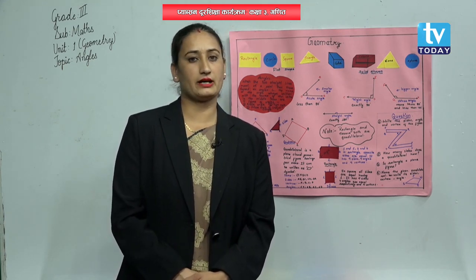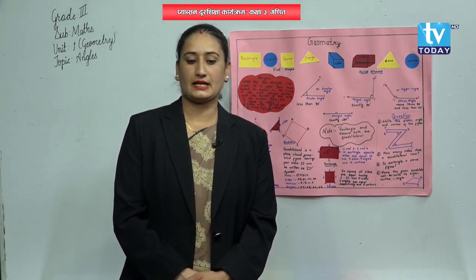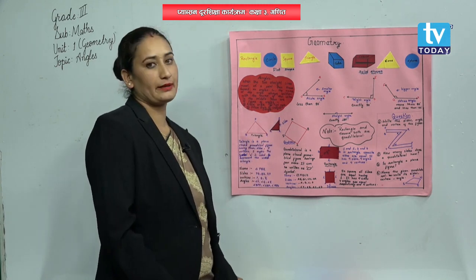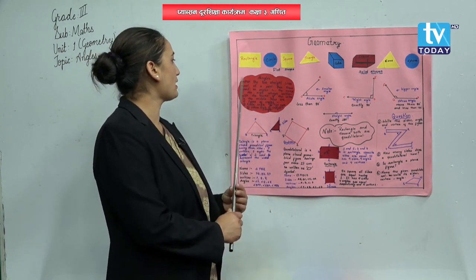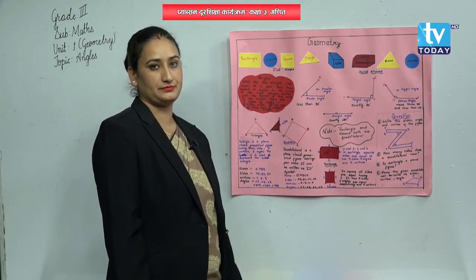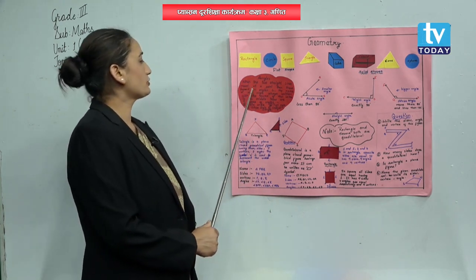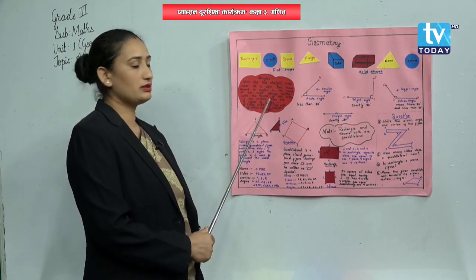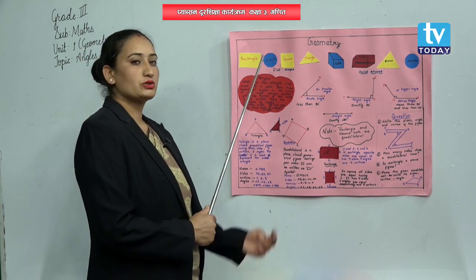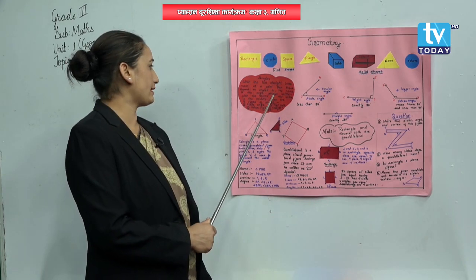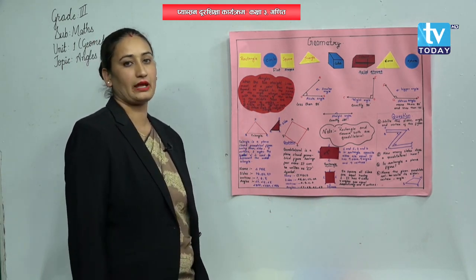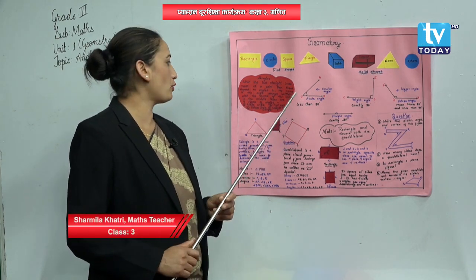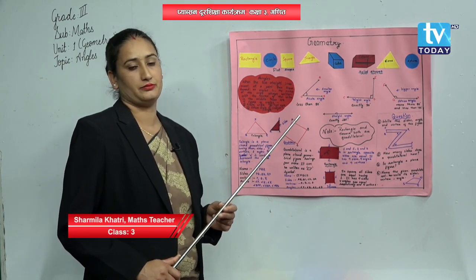Are you ready to learn today's topic? See here, students, we are learning about angles. When two straight lines meet at a point, they form an angle. You know very well, right, when two straight lines meet at a point, it's called an angle.